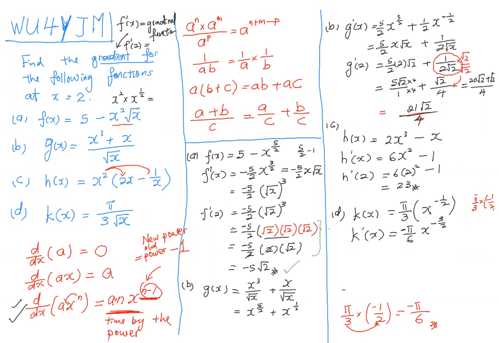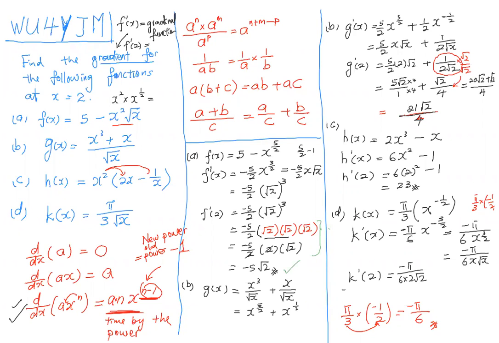So this one, if I write it as negative pi over 6 x to the power of 3/2. Just now, your friend said, memorize already. x to the power 3/2 is x root x, correct? Okay, so now I put in k prime of 2. So it will be negative pi over 6 times 2 root 2.